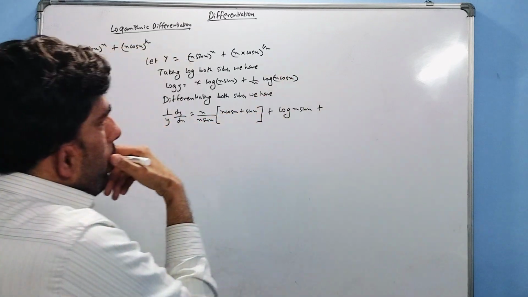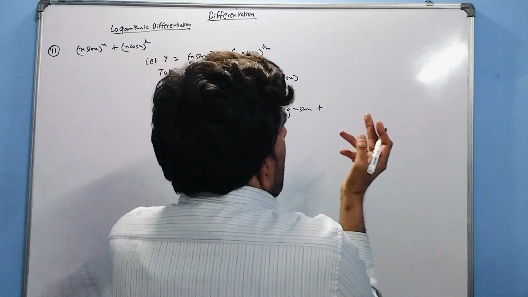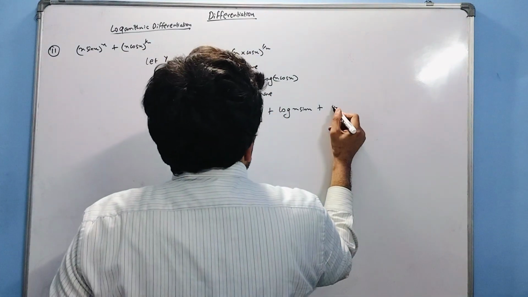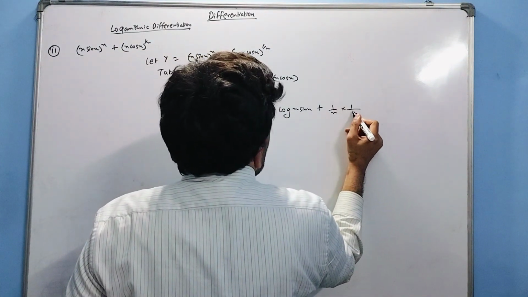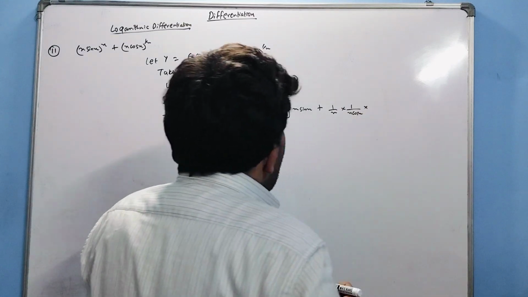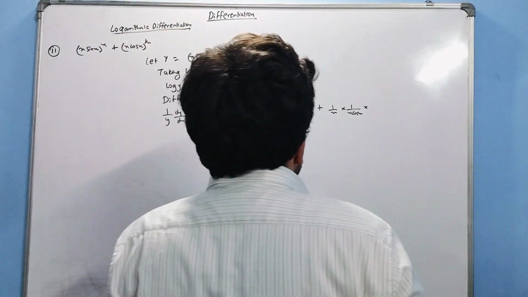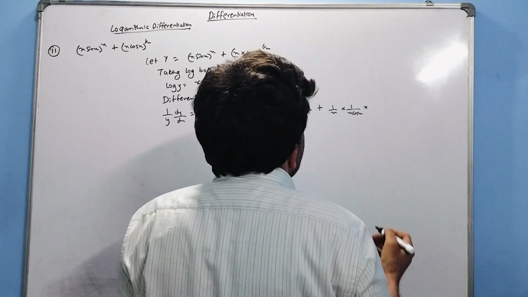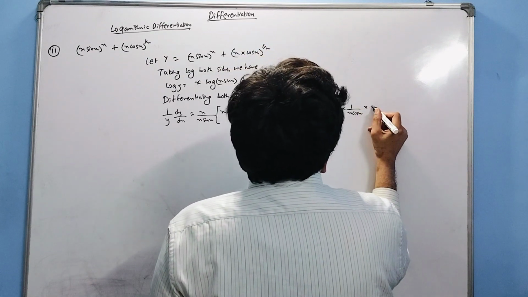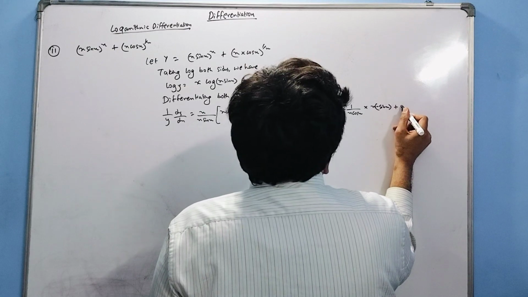What we can do here, we'll try to implement the product rule, so we'll have 1 upon x into 1 upon x cos x into differentiation of this, which will be x minus sin x plus cos x.